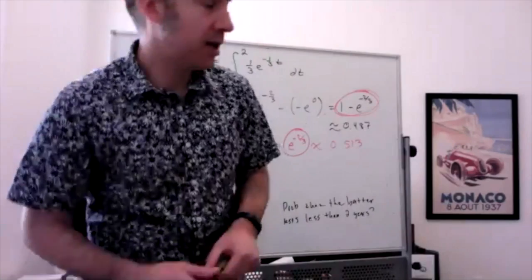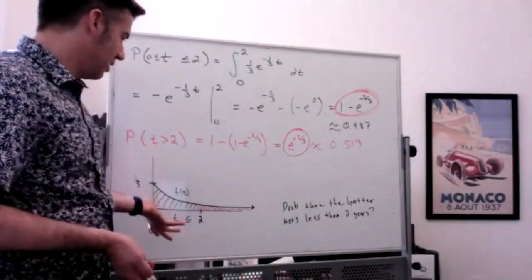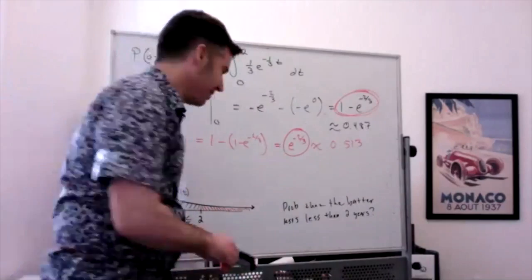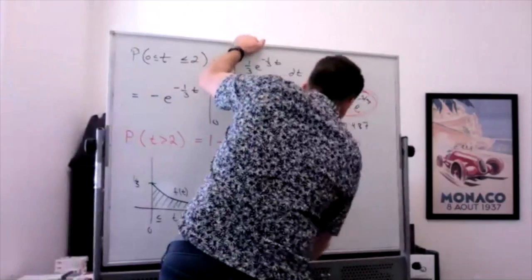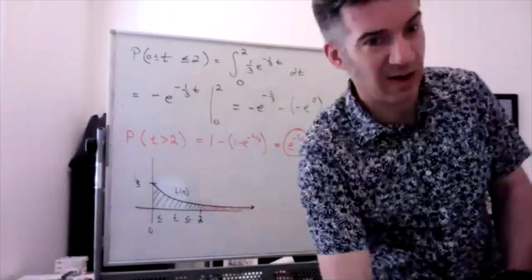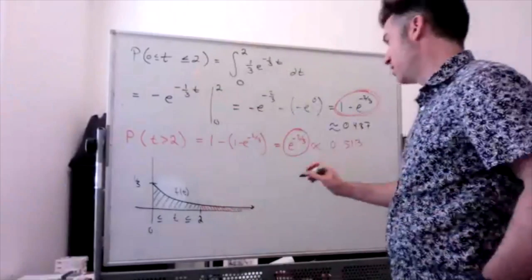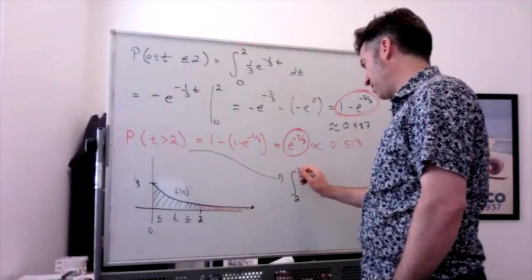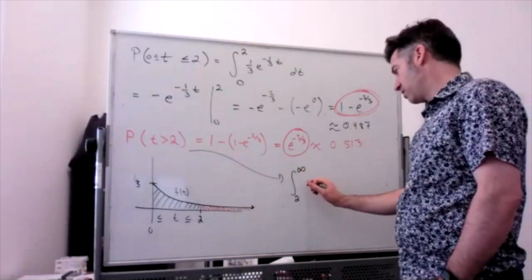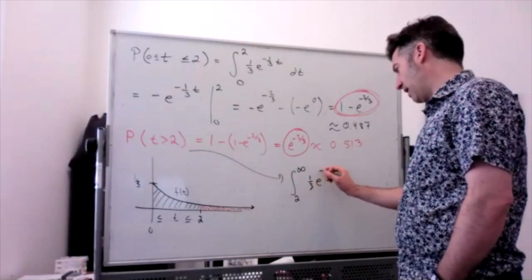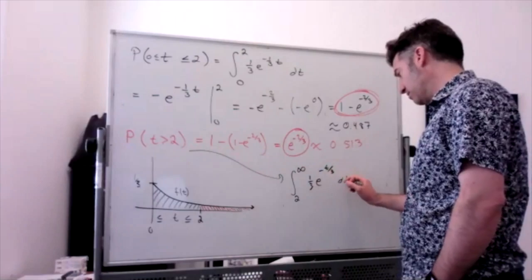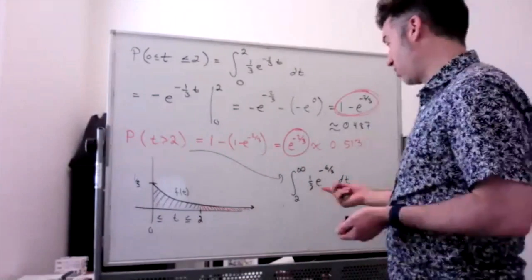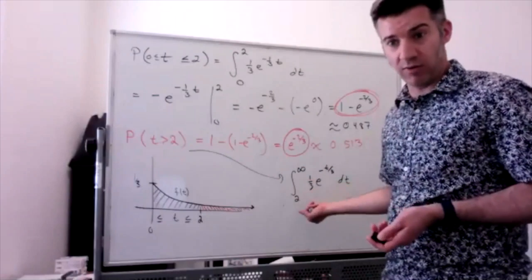The reason I point this out is because you could have done this the more challenging way: as the integral from 2 to infinity of 1/3 e to the negative t over 3 dt. But if I can avoid it, I am going to avoid doing an improper integral.